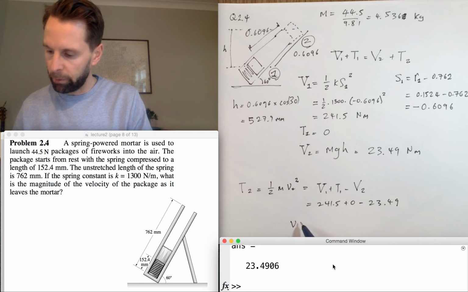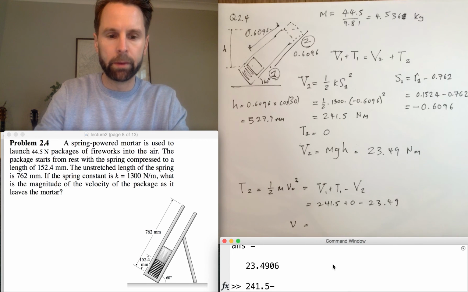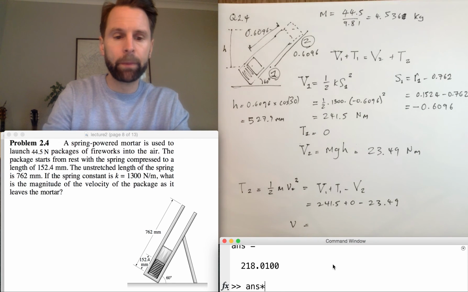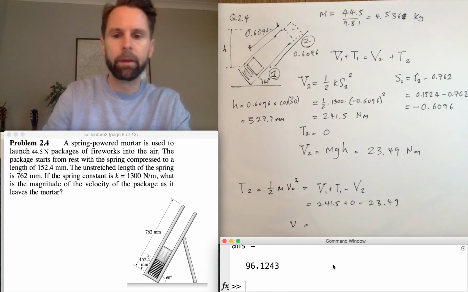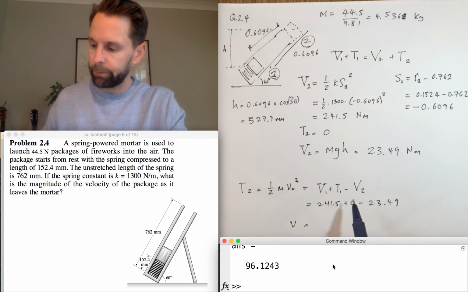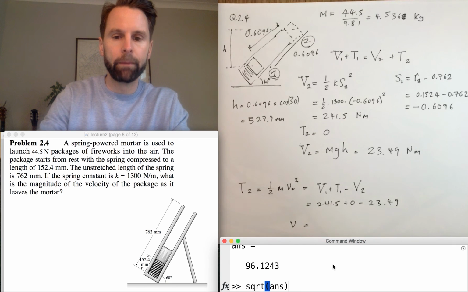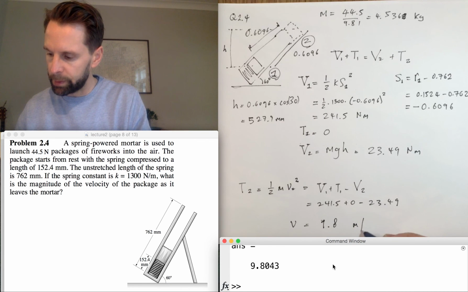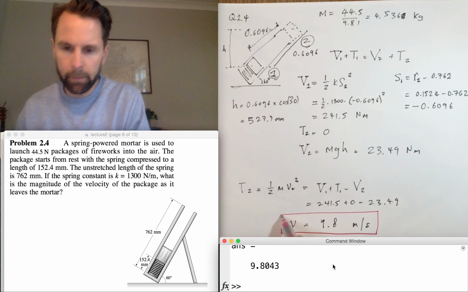A little bit of rearrangement: let me evaluate the right hand side, 241.5 minus 23.49. We take the 2 over and then divide by the mass, which is 4.536, and that gives you v squared. The square root of that answer gives us our speed, which is 9.8 meters per second.